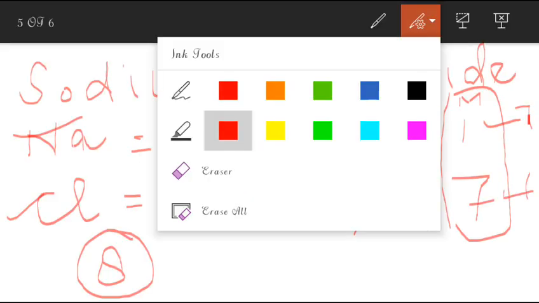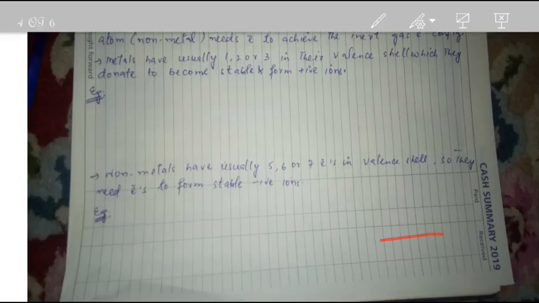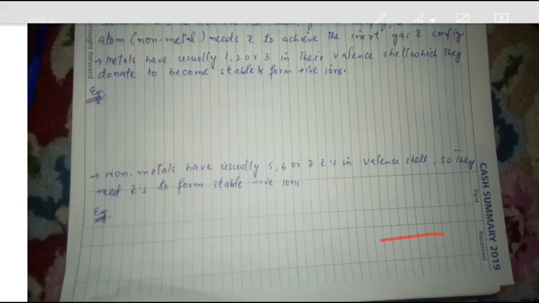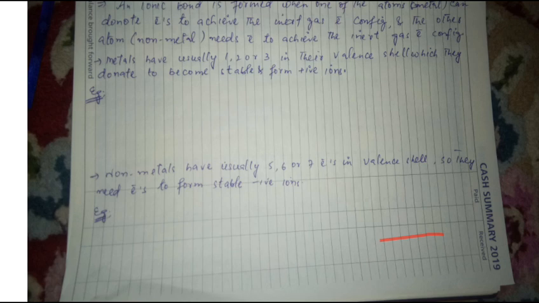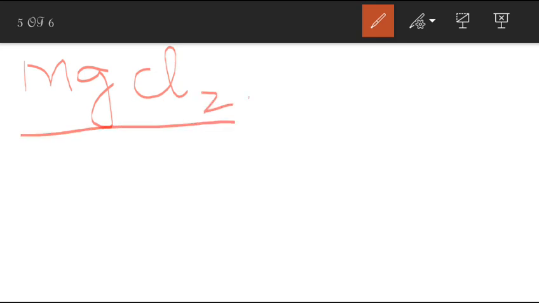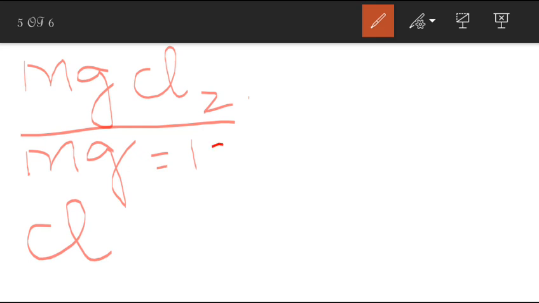magnesium chloride. Formation of MgCl2. So here magnesium and chlorine. Atomic number of magnesium is 12 and that of chlorine is 17.